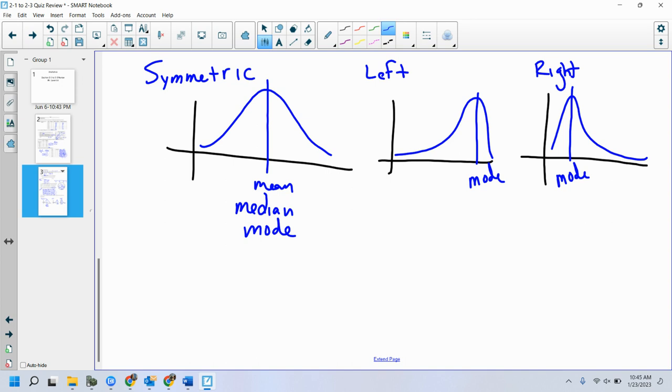So if there are more outliers over here, the mean is going to end up here, where the median is going to be in the middle. Same thing over here. The mean is getting pulled by the outliers, so mean would be more over here, where median would be in the middle of those two. You get the idea.